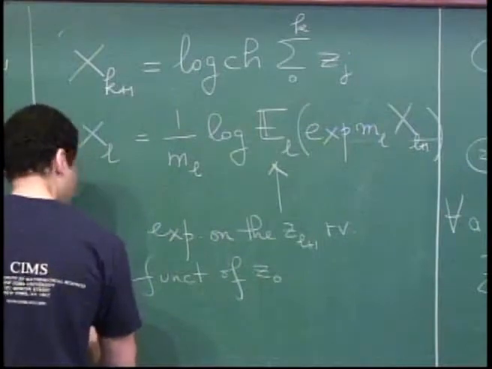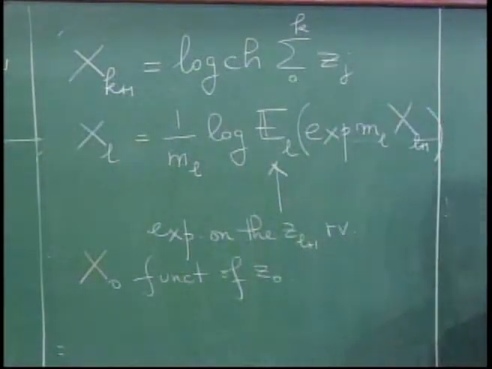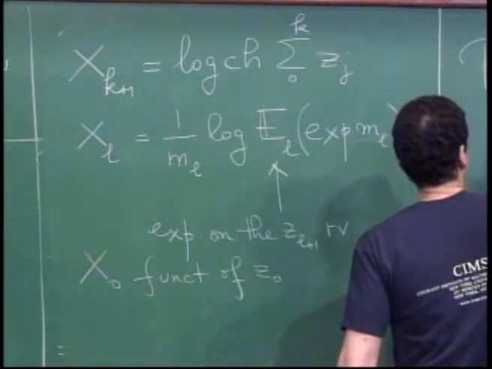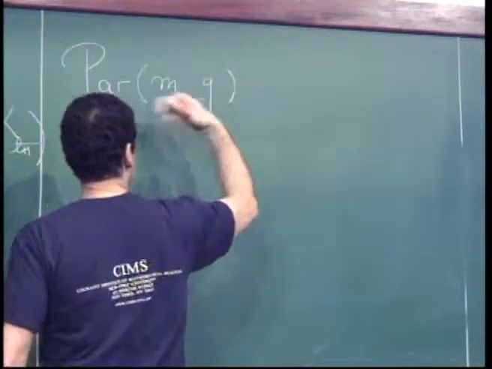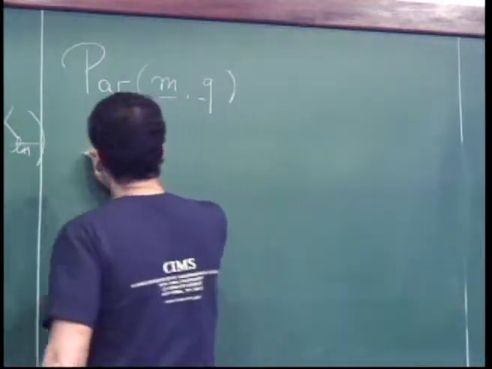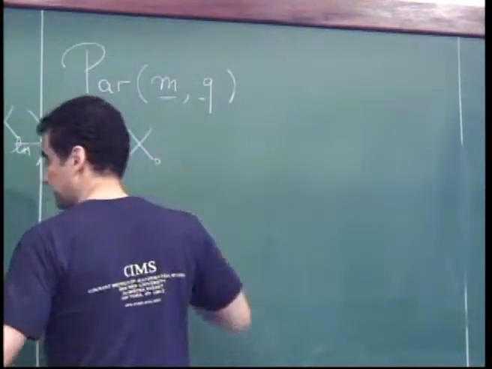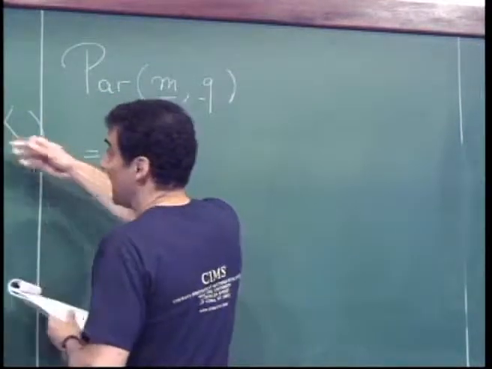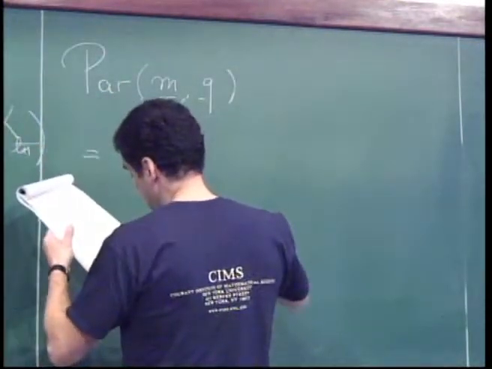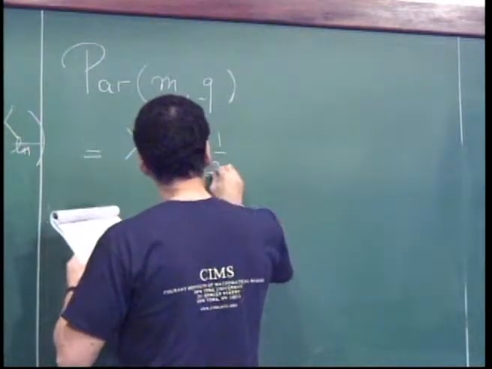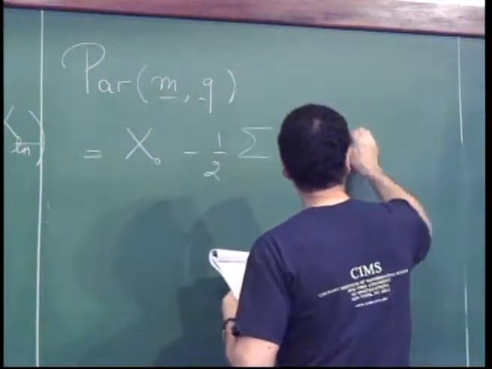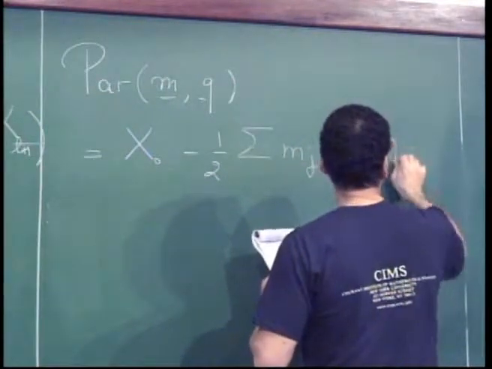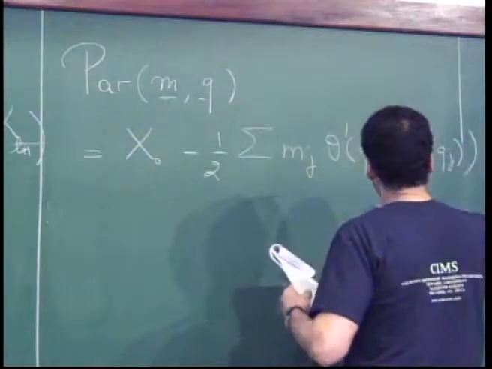And then the Parisi functional for this zeta or this rho or this m or this k, which are the same thing, the Parisi functional of this m and q, which is the same thing as the Parisi function of zeta, is simply given by, so here I have this x_0, which of course depends on m and q through this integration, minus 1/2 of the sum of m_j theta prime of q_{j+1} minus theta prime of q_j, where the function theta is simple.